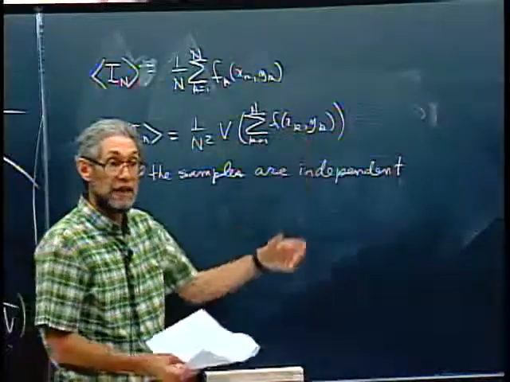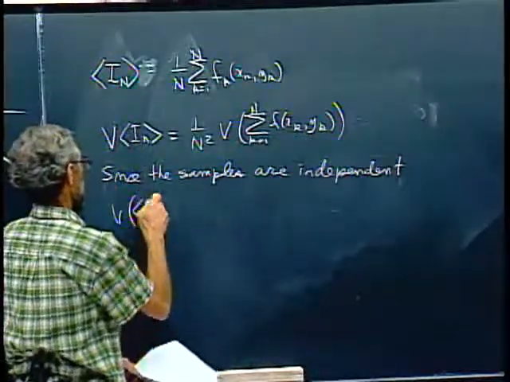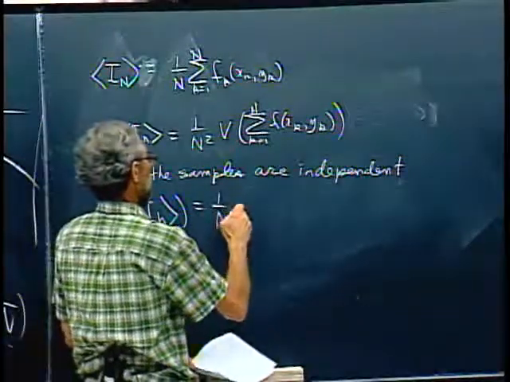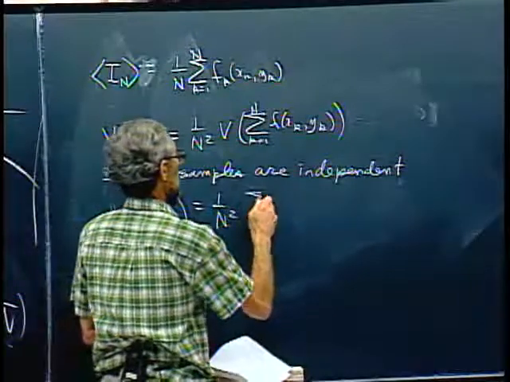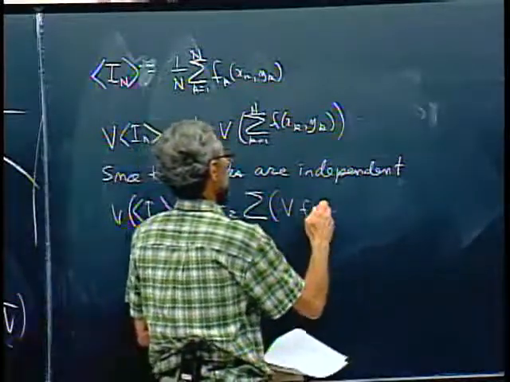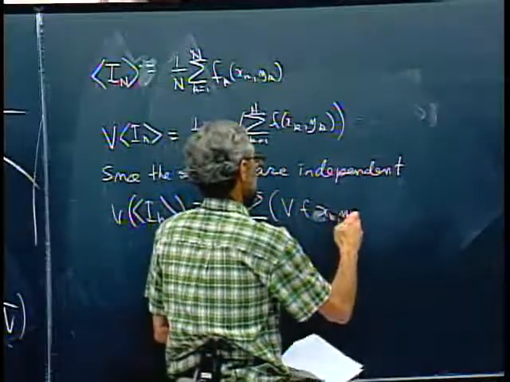But it needed the fact they were independent. So it is 1 over n squared times the sum of the variance of f of x_k, y_k.